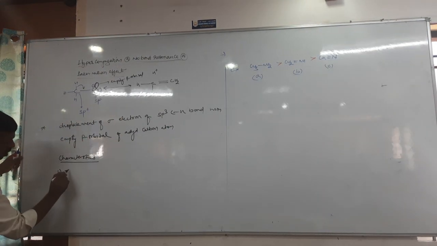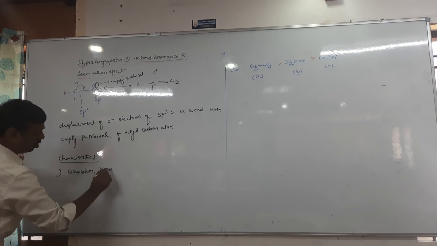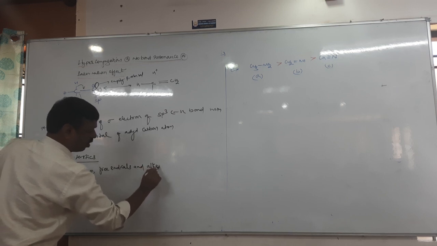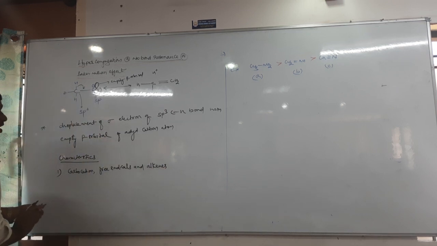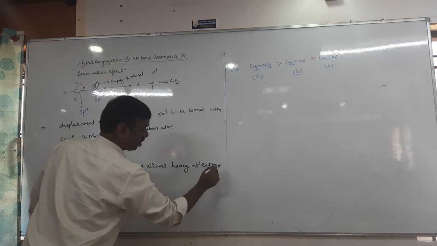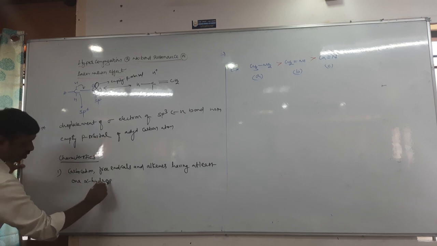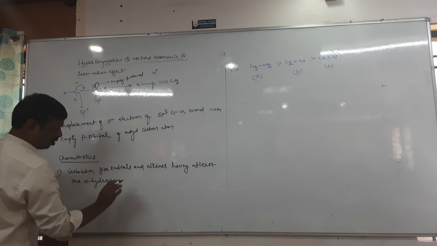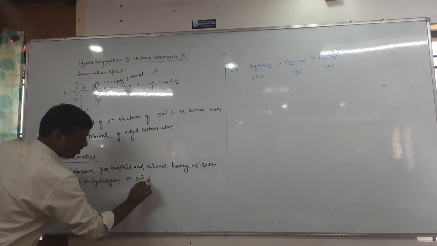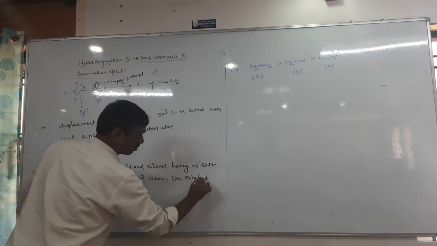1. Carbocation, free radical and alkenes having at least one alpha hydrogen on sp3 carbon can exhibit hyperconjugation.